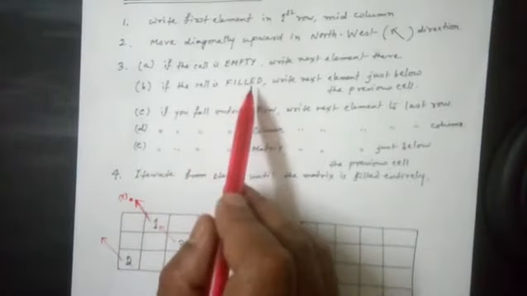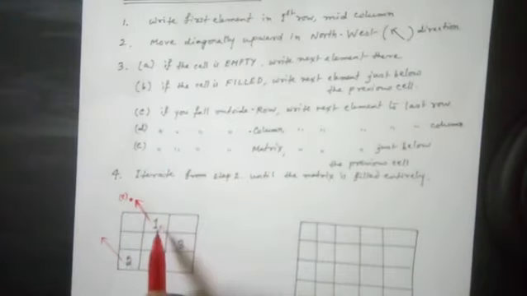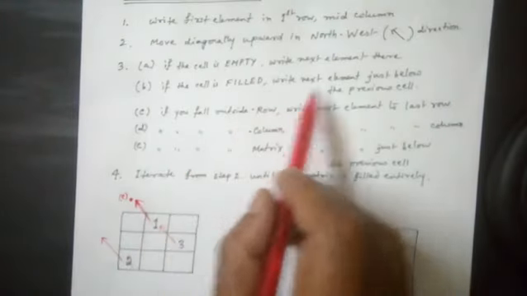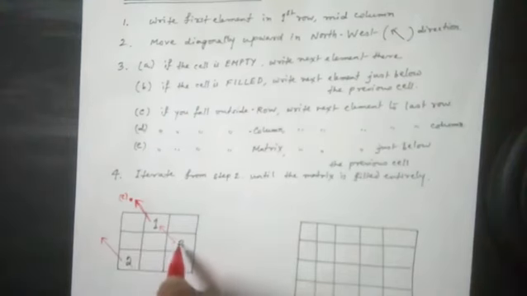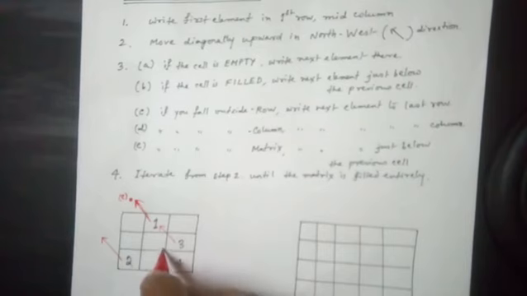If the cell is filled, yes, the cell is filled, write next element just below the previous cell. This is the previous cell, so you have to write just below this here. So I'm writing this 4. Now again move diagonally upward. So I'm moving over here.